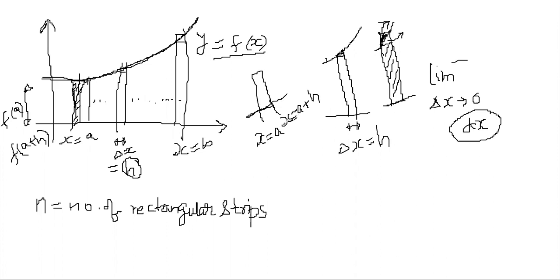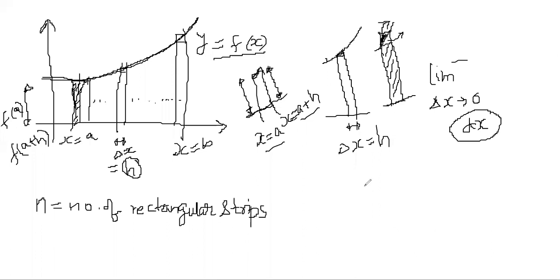So if you are taking that it is almost a rectangle and both the rectangles have the same area, you can take this height and you can take that height also, because we are assuming that this curve is almost a rectangle. So both of these will give you the same answer under the limit condition.